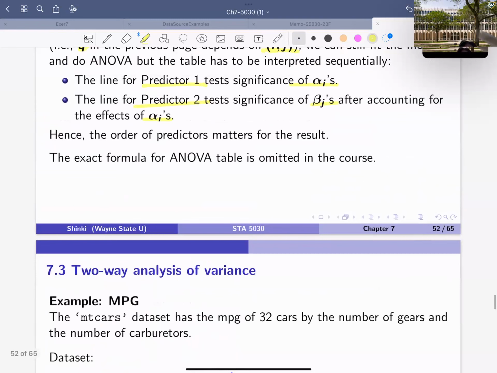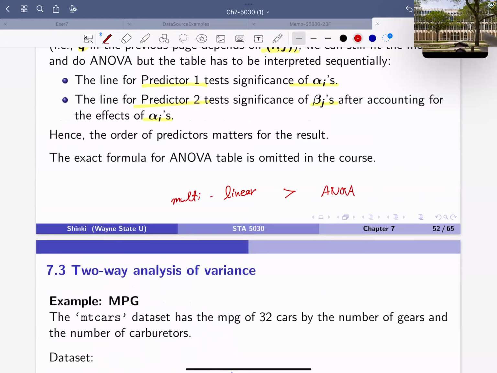So basically, maybe I have to discuss that. For linear regression, we have only discussed simple linear regression. But if we allow multiple predictors in linear regression, so multilinear regression, that is more general than ANOVA.